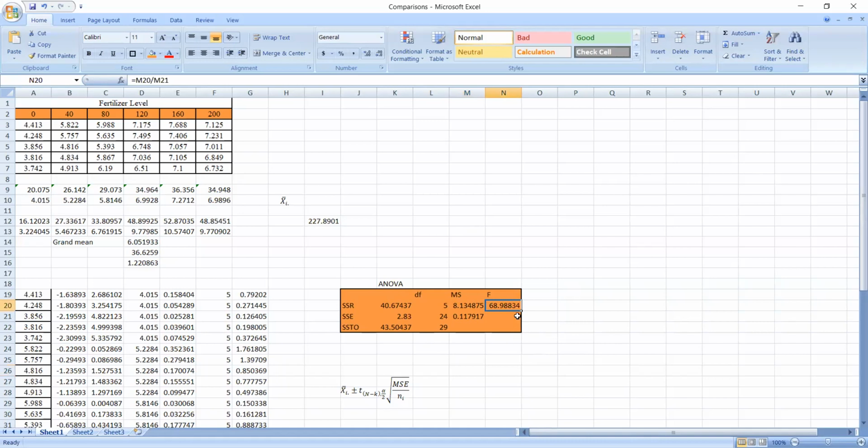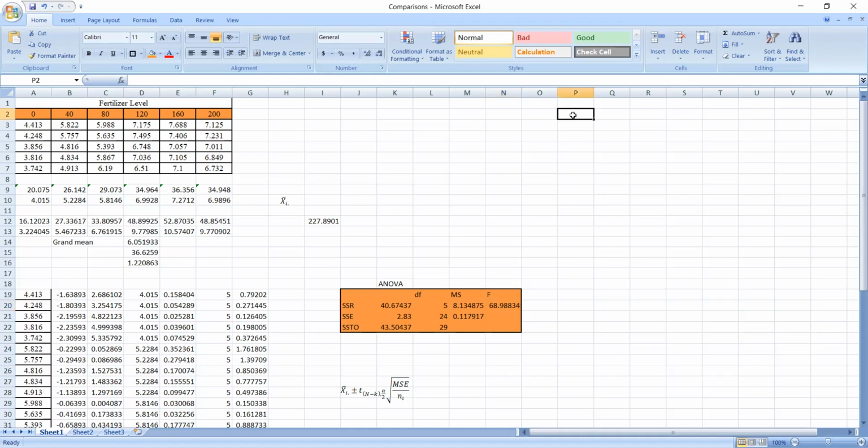This is a big F value. When you compare this with the table value, you will see the calculated F value is greater than the table value, so you can reject H naught. That is, there is a significant difference between the treatments. Then we have to find what the differences are, and for that you can conduct the LSD test or Duncan's test. Now here what I'm going to show you is how to construct the confidence intervals.